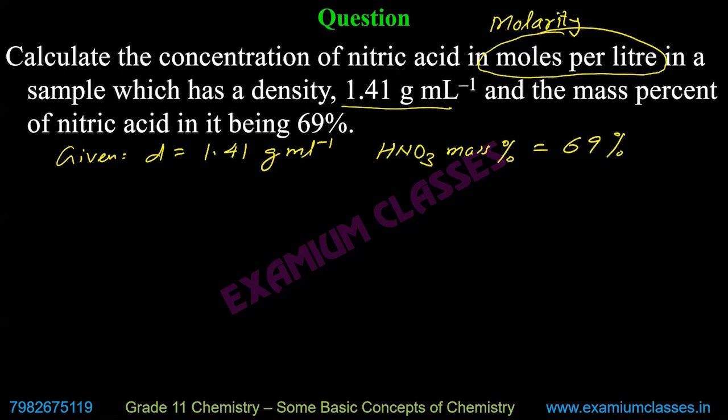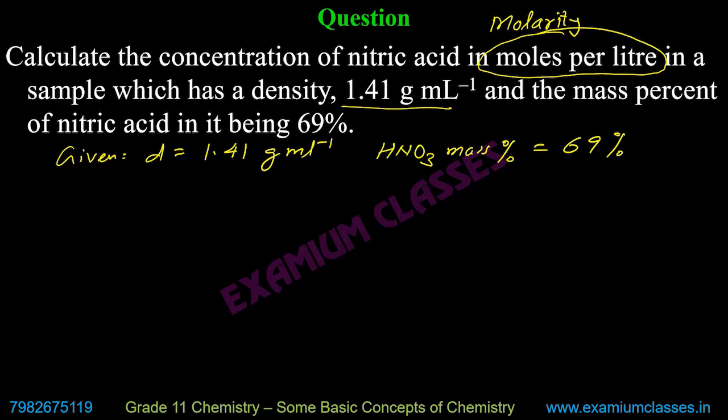It means out of 100 grams of HNO3, this is mass percent. Out of 100 grams of HNO3, there will be actual HNO3 69 grams only. Rest will be water.